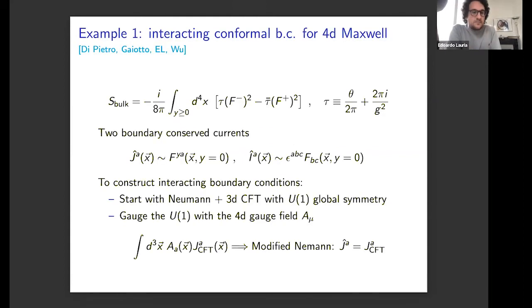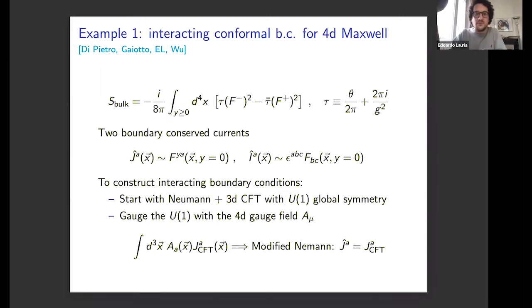Okay, so this is the first example I want to discuss. The hope is that you get immediately convinced that even if you have a trivial theory in the bulk, like a free vector, a free Maxwell field in the bulk, the conformal boundary conditions for such a theory can be wildly complicated.